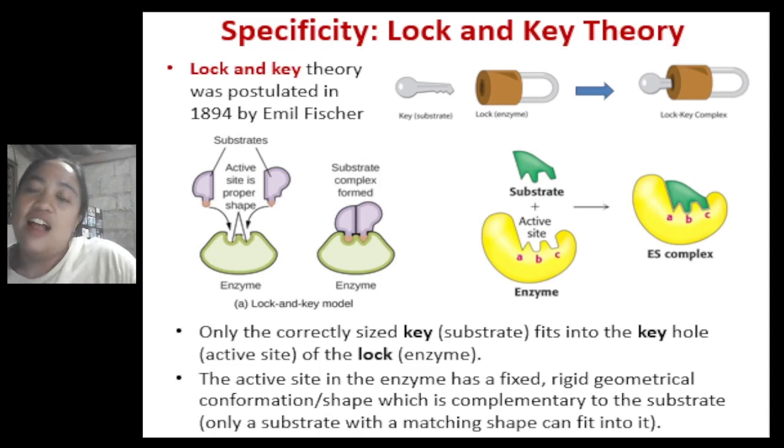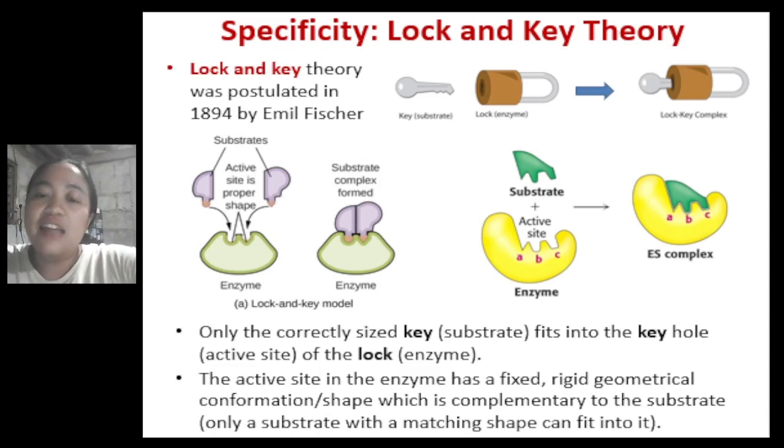In here, just like our lock and our key, the key, which is the substrate or the reactant, fits into the keyhole, which is the active site of the enzyme, which is our lock. Only if the shape is correct for the lock, or if the shape of the substrate is correct, will they bind together.